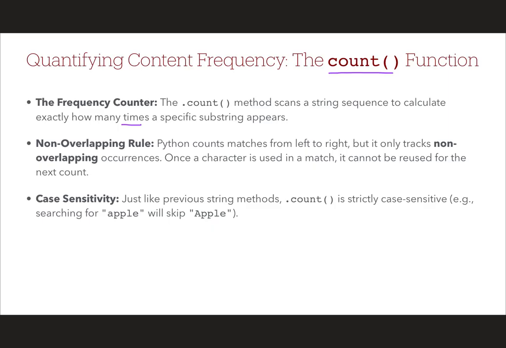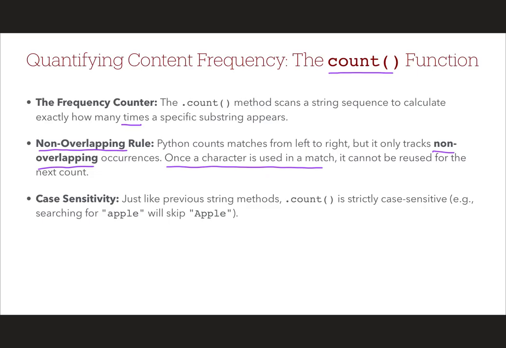When counting, you apply a non-overlapping rule, meaning Python counts matches from left to right, but it only tracks non-overlapping occurrences. Once a character is used in a match, that character is discarded and not considered anymore. It cannot be reused for the next count.